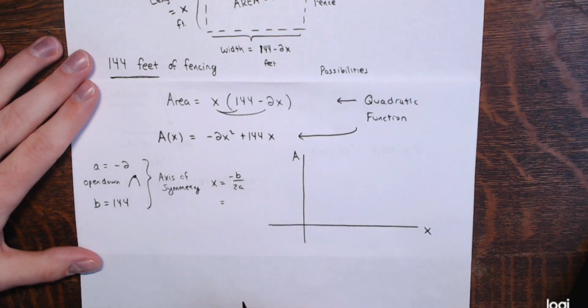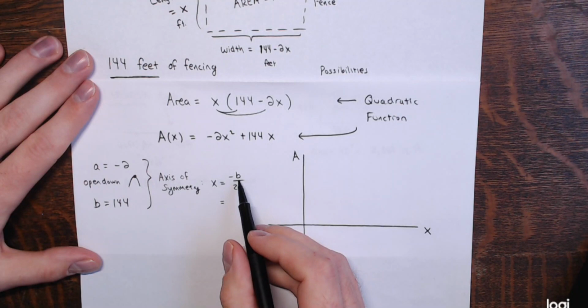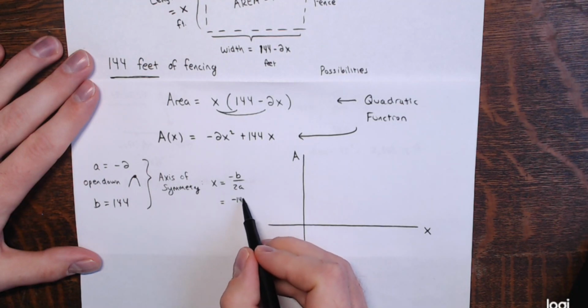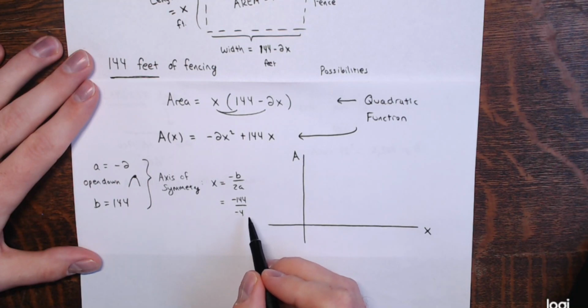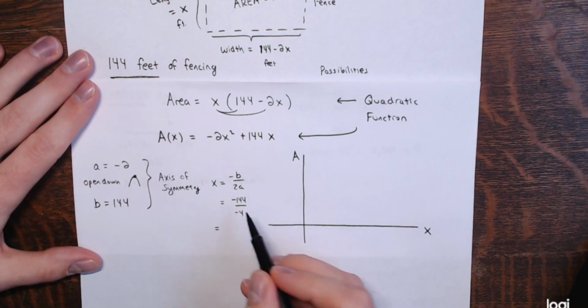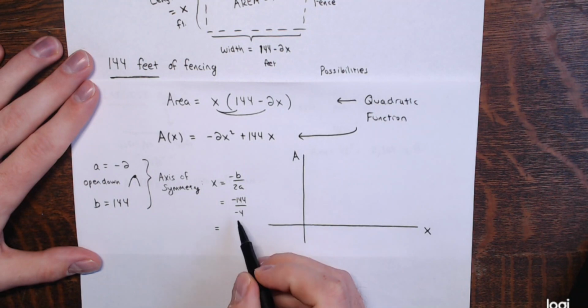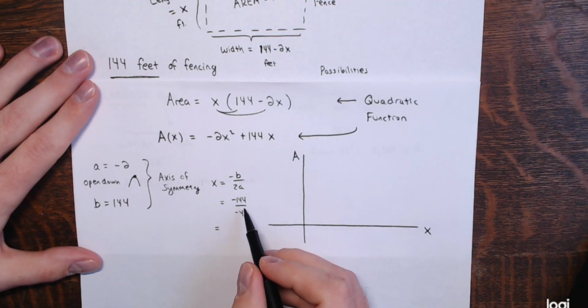This is basically the x value of the vertex. This is that vertical line that runs through the vertex that cuts the parabola in half, that it's symmetrical about. So -144 divided by 2 times a, which is -4. And when you divide these two, that'd be positive 36.